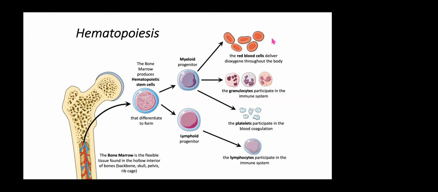When we are talking about leukemia, we divide it into two basic groups: acute leukemia and chronic leukemia. Acute leukemia that originates from the myeloid progenitor cells is known as acute myelogenous leukemia, while leukemia that originates from lymphoblasts, the immature lymphoid progenitor cells, is known as acute lymphoblastic leukemia.